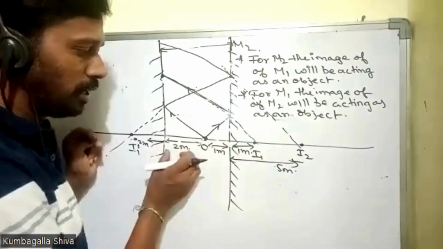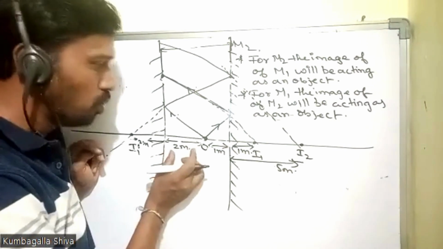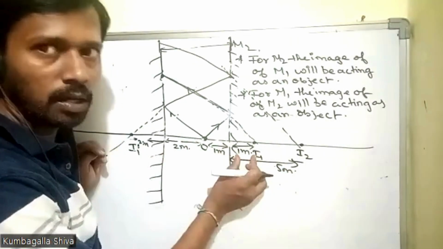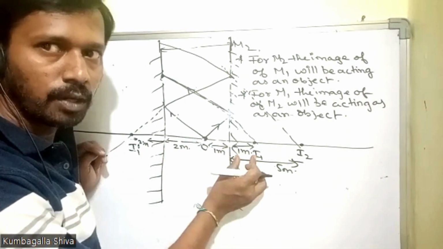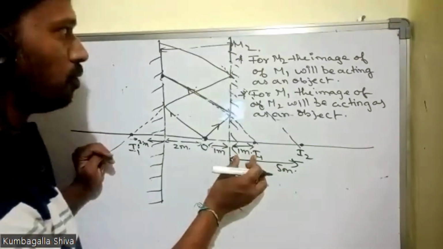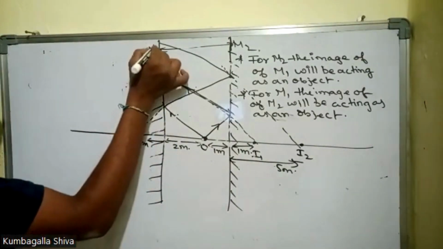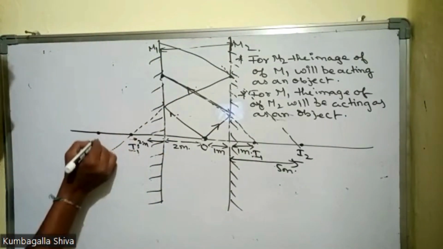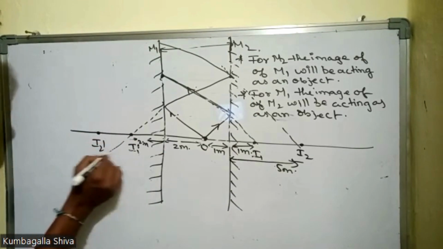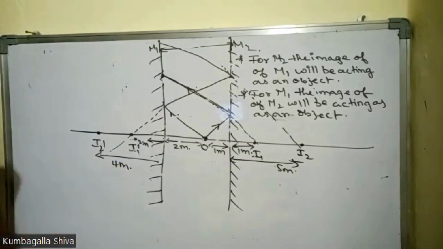So totally you can take the distance of the object as 2 plus 1 plus 1. How much? It is 4, right? Did you get my answer? 4 meters. So the distance from the mirror M1 will be 4 meters.